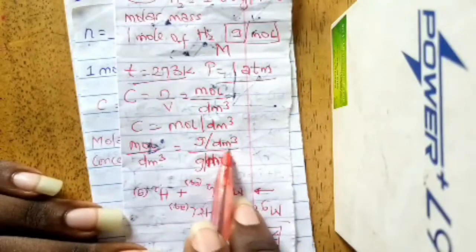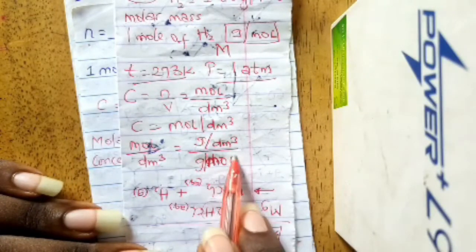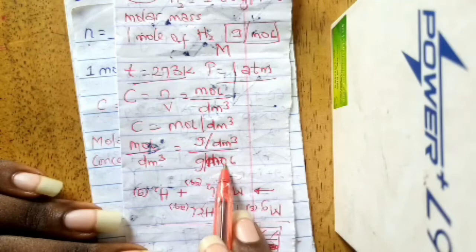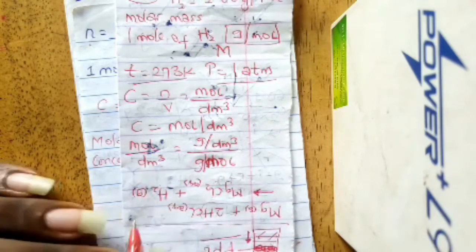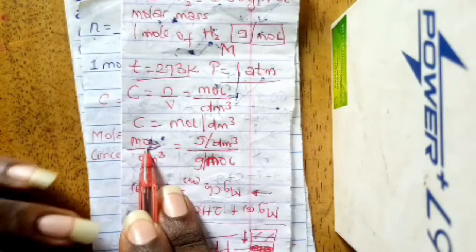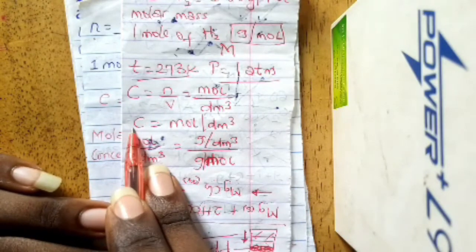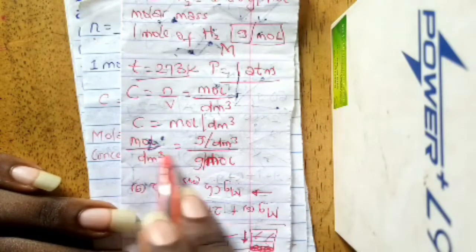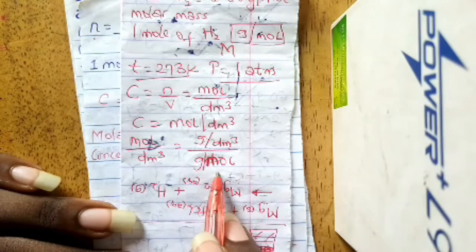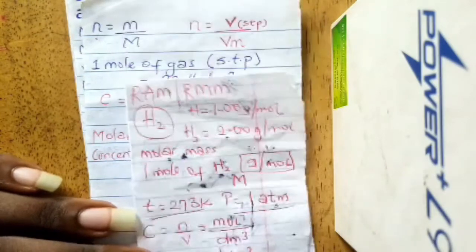On simplifying, grams cancel grams, and this gives us mole per dm cube. So our molar concentration is equal to the mass concentration over the molar mass.